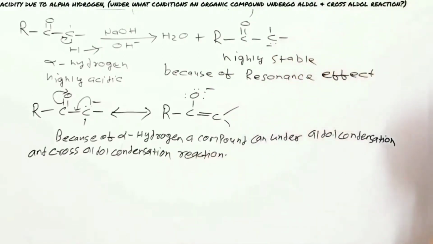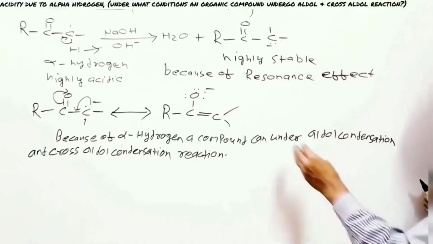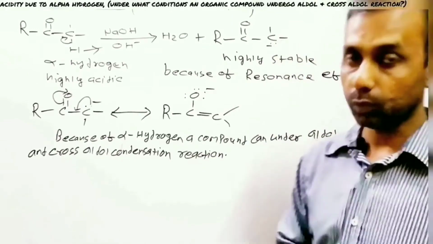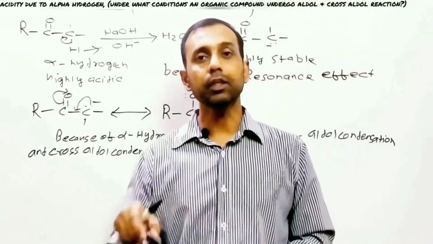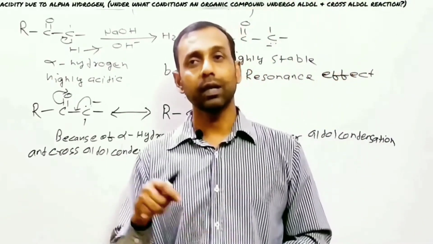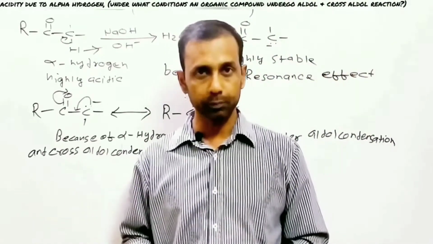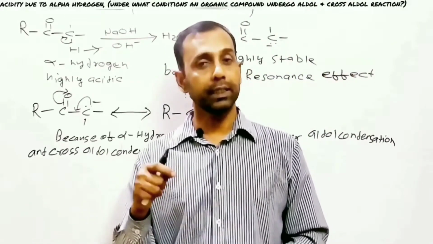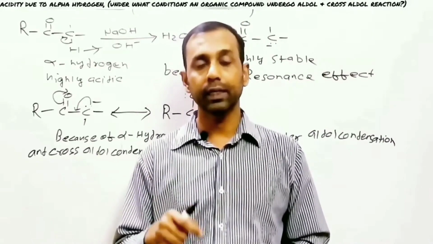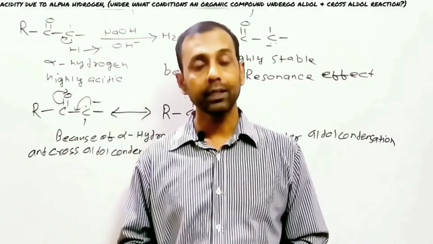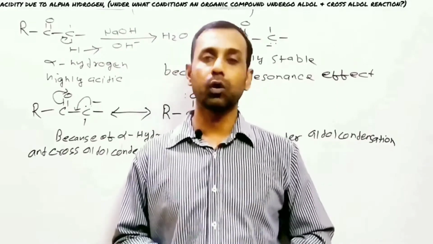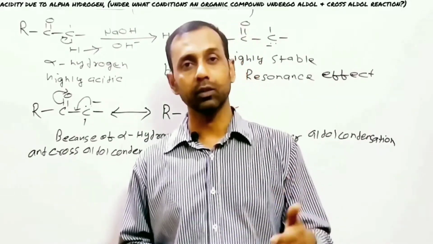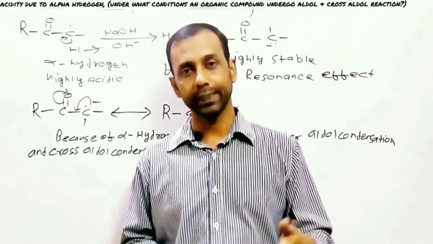Right now, I'm not going to talk about aldol condensation and cross aldol, but I wanted to tell you what the very important part is here. Just focus on what I'm trying to say. Any compound that has an alpha hydrogen next to the keto group, next to the carbonyl group, can undergo aldol and cross aldol reactions. But if it does not have that alpha hydrogen, it will not undergo cross aldol or aldol condensation reaction.